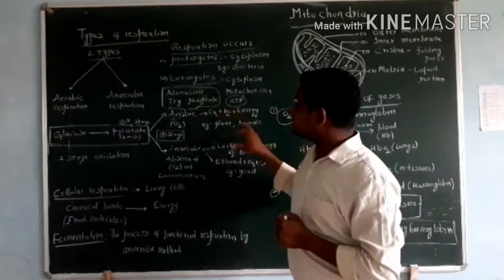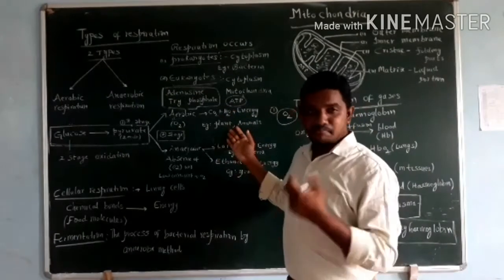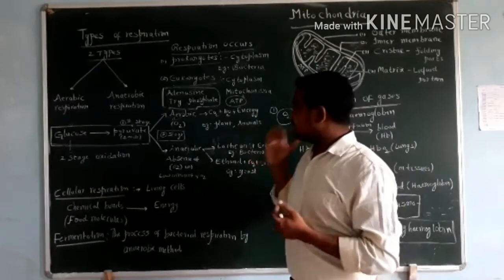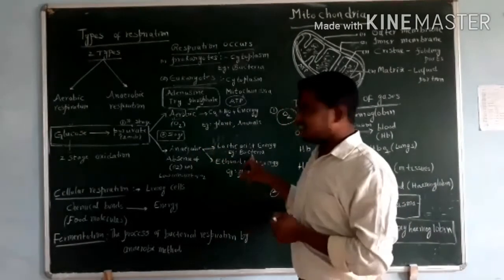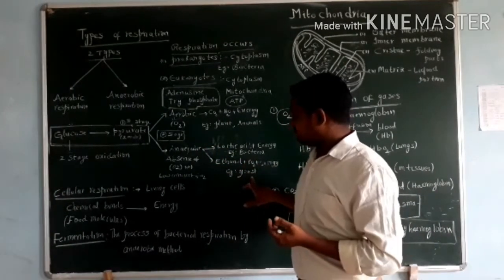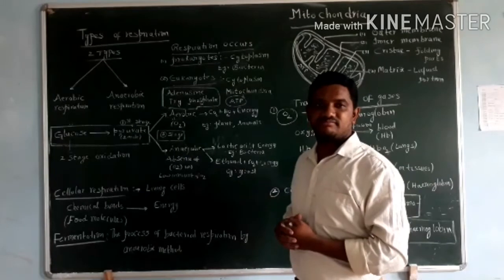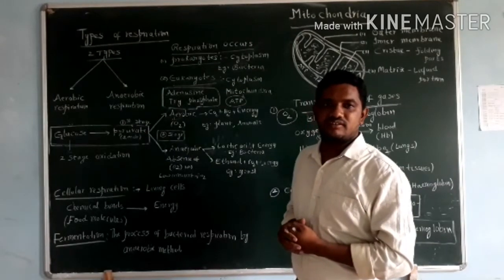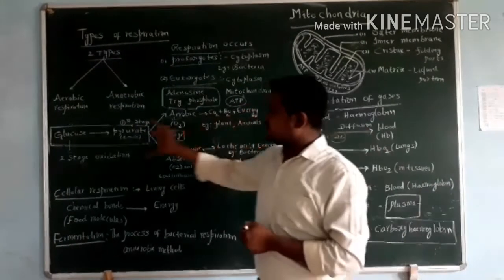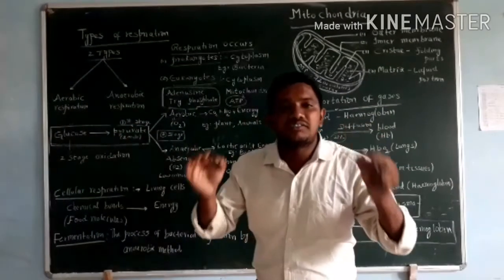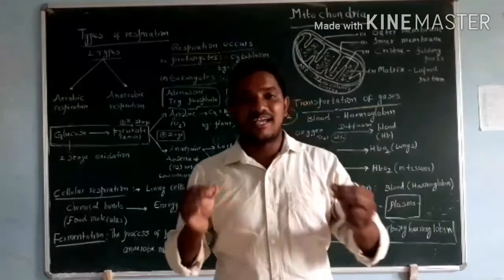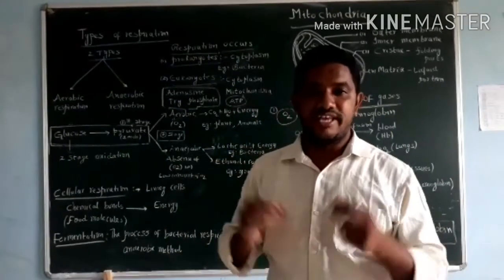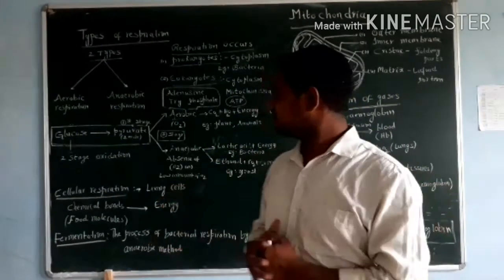Aerobic respiration takes place in plants and animals. Anaerobic respiration takes place in bacteria and yeast. Okay. This is about oxidation of glucose and types of respirations, aerobic and anaerobic respiration.